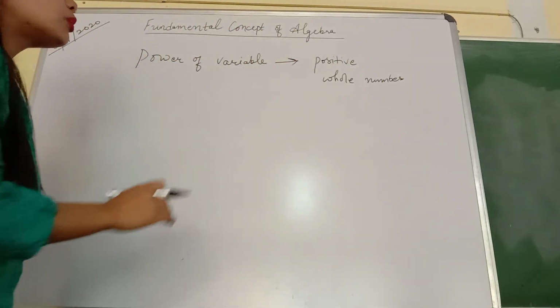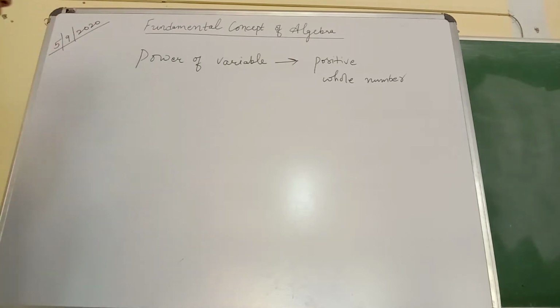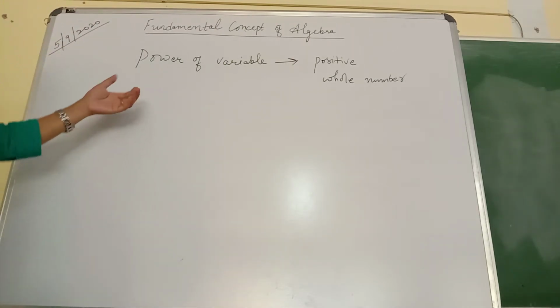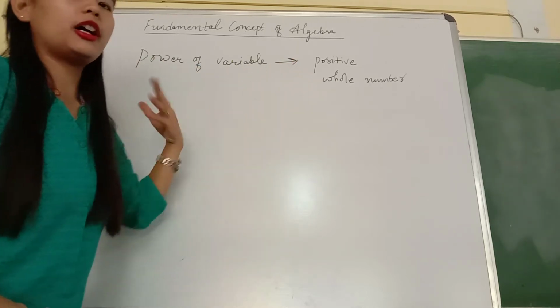So we should have the power of the variable as a positive whole number in a polynomial.